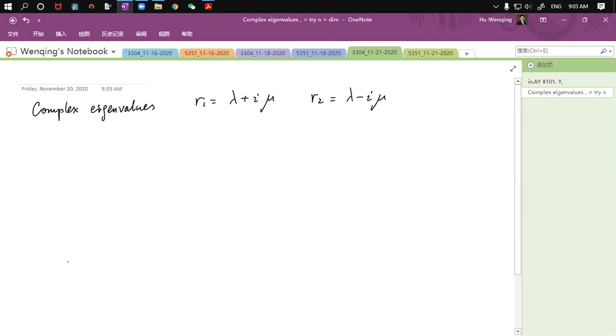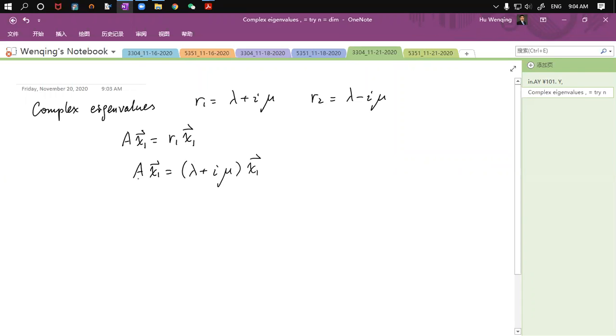Now if you look for A x is equal to r1 x, let's say you want the first eigenvector, which I'll call x1. Then A x1 is equal to lambda plus i times mu multiplied by x1. If A is a real matrix, A x1 is real if the vector is real, but lambda plus i mu is a complex number.